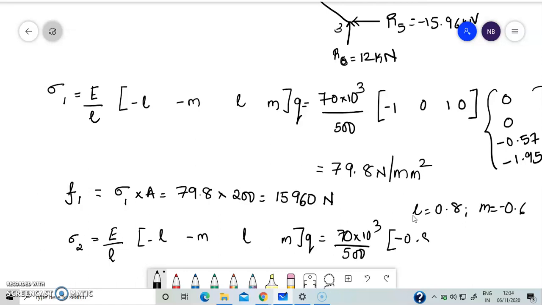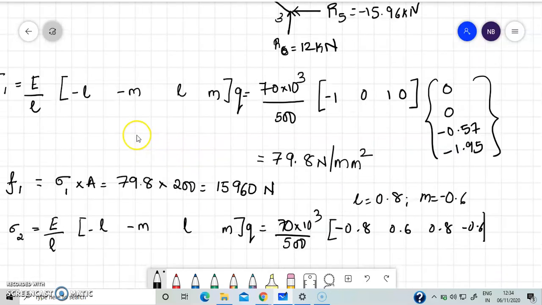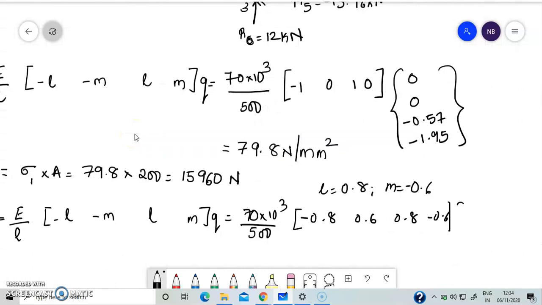So it is minus 0.8, 0.6, 0.8, minus 0.6, multiplied by Q3, Q4, Q5, Q6.